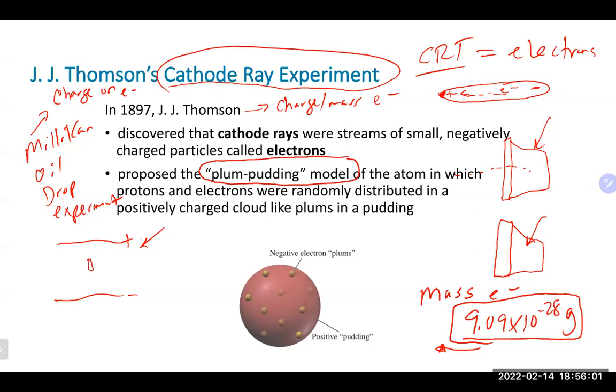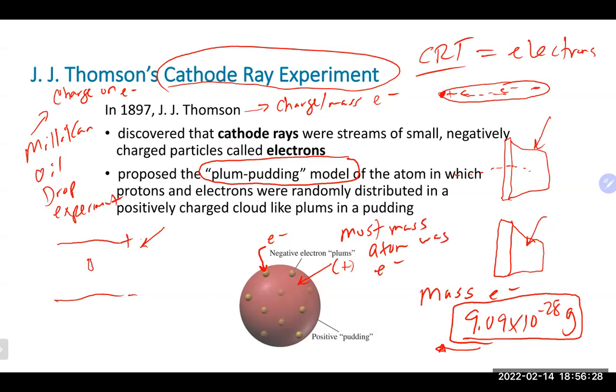He thought that the atom was a sphere of positive charge. All that red is positive charge, really spread out all over the atom. Embedded inside, like raisins in his dessert, were the electrons. He also felt that most of the mass of the atom was the electrons.